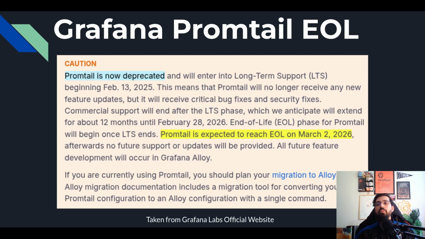This is the official statement from Grafana Labs that Promtail is now end of life by March 2026. So we are already ahead of that time. And as you can see, it is written that the way to go forward is to use Grafana Alloy.